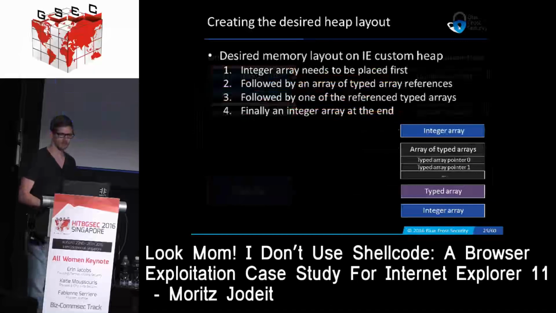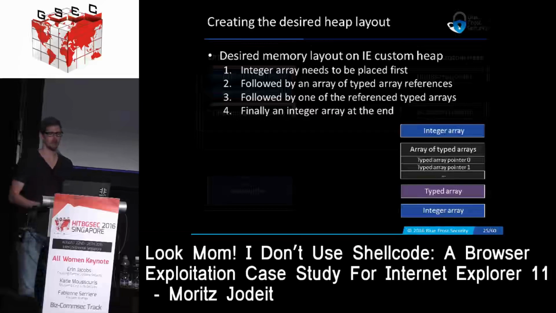So in the end, we are exactly looking for this memory layout, which you can see on the bottom right. So what we really want to have is an integer array at the beginning. It needs to be followed by an array of typed arrays, and one of the reference typed arrays must be followed, and finally at the end we need another integer array.